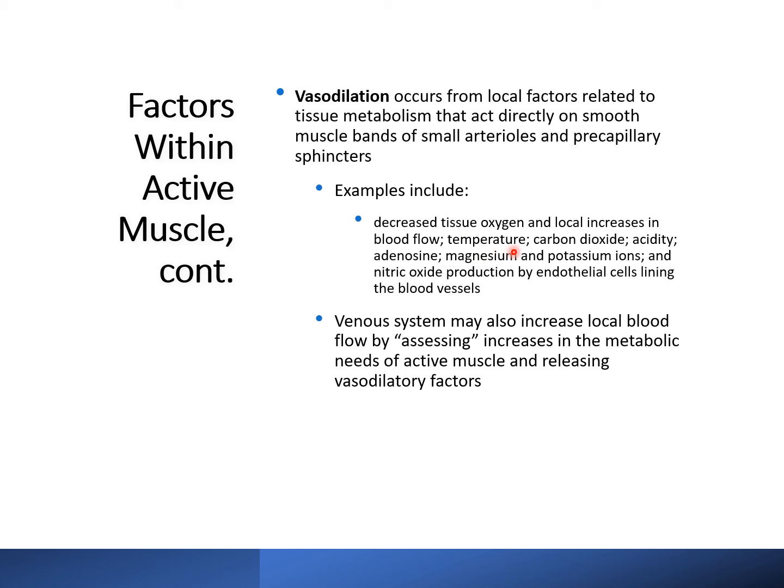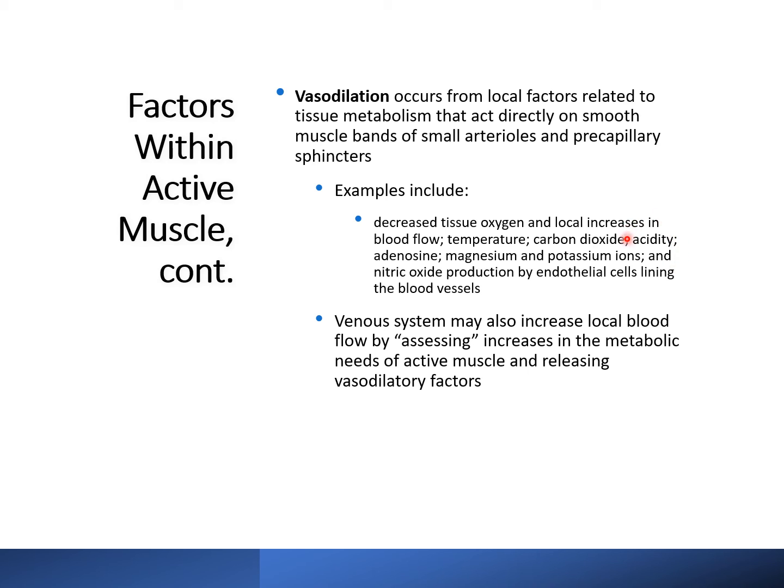Temperature. When you're warmer, things are going to open up and vasodilate, right? Carbon dioxide. Okay, well, your system knows that it needs to flush out the carbon dioxide, so I need to open up more things so I can get more oxygen to the tissues. Acidity, right? Our blood usually has a pretty neutral pH. It gets more acidic. Okay, well, it needs to flush out that acidity, right?